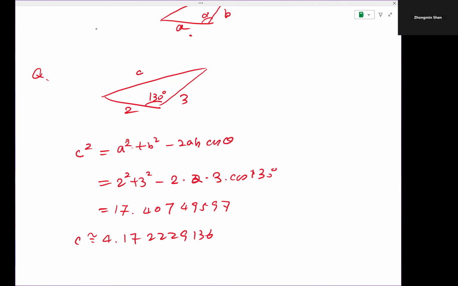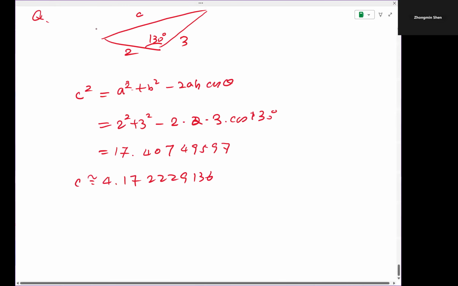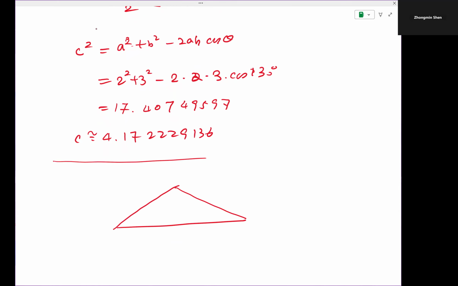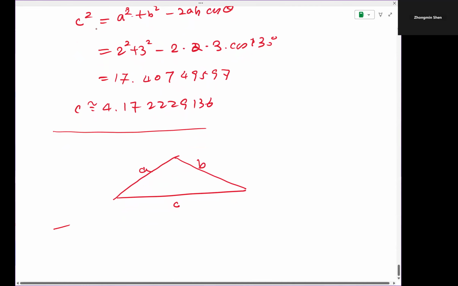So you have to estimate if the angle is not special. And that makes sense if you look at the picture, because the largest possible value for C is 5, so this is less than 5. Three numbers that form a triangle, here's A, B, C, must satisfy the triangle inequality.